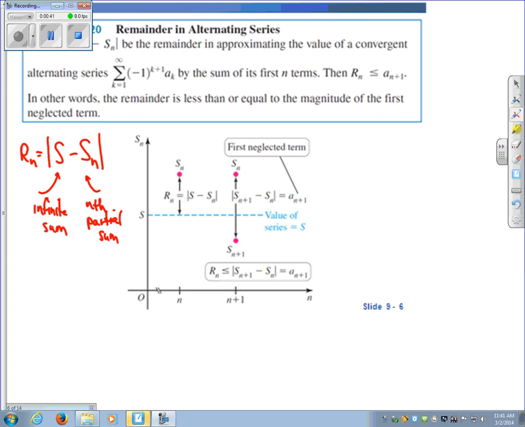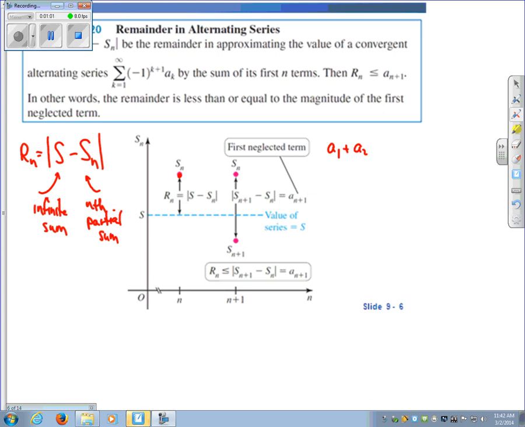Now look at S sub n. Let's say that we've added the first n terms together, and now we're going to add the next one, which is going to be negative in this particular case. We're now going to be subtracting the n plus first term. Okay, let's look at this.